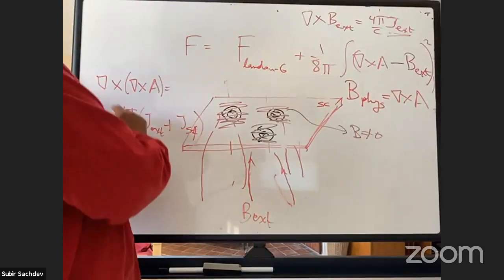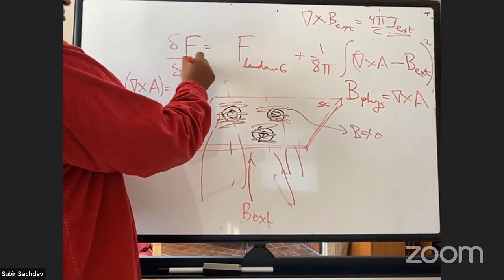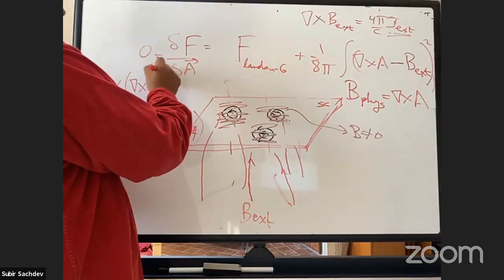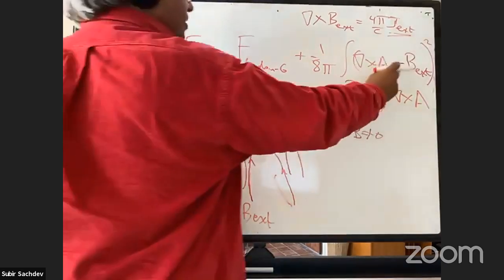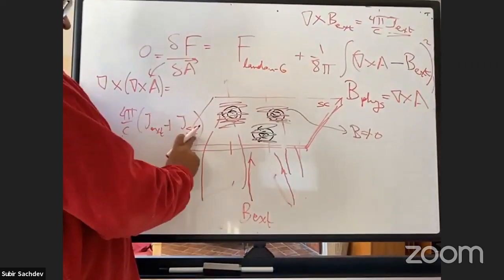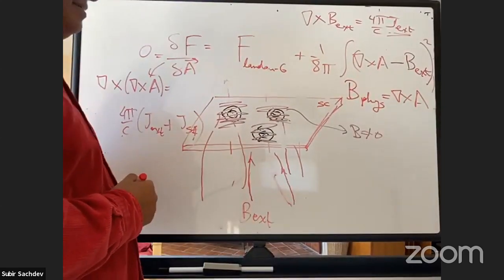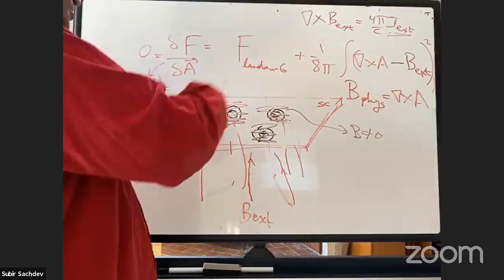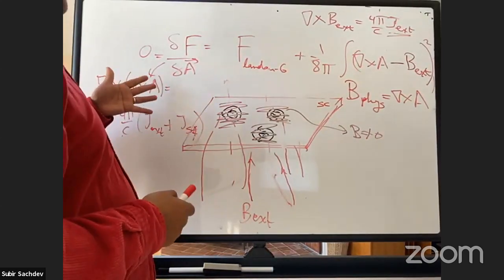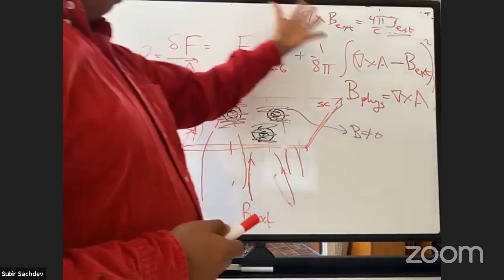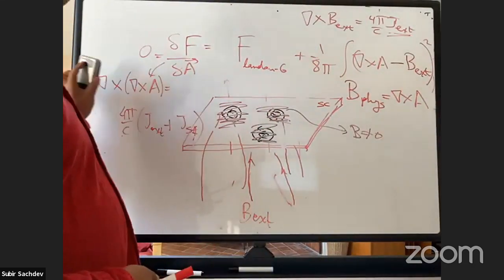So where do I get this equation? Well, if you just take dF by dA equals 0, that will give you this equation. Where do you get this term? You'll get that from there. And this term, you'll get from here. You can check, you just work it out. This will all work out correctly. So minimizing the free energy is just another way of figuring out Maxwell's equations.